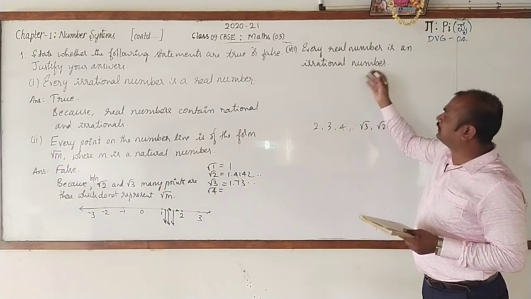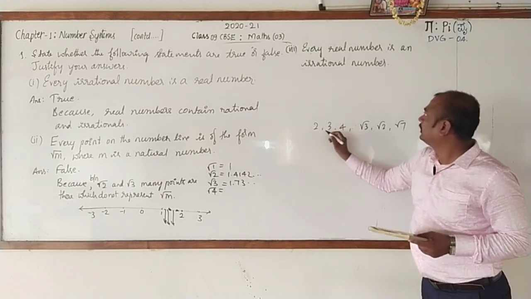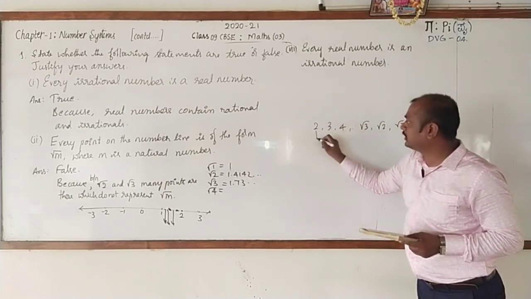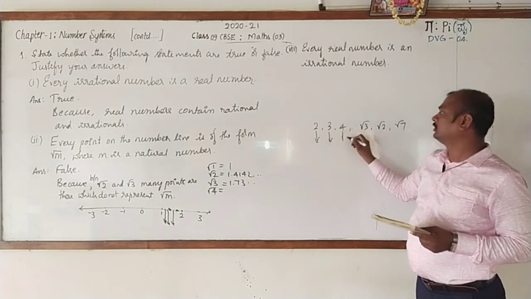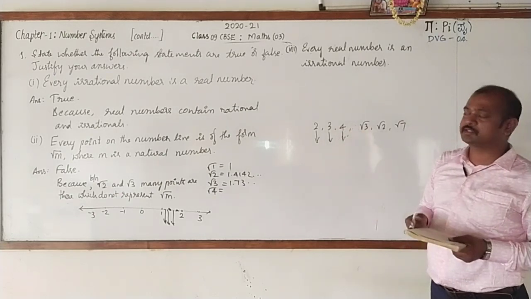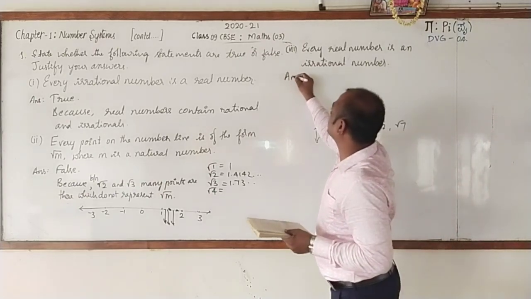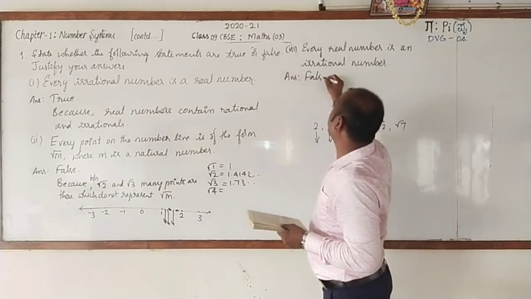Do you call every real number an irrational number? Then do you say root 2 is an irrational? No. Root 3 is an irrational? No. Root 4 is not an irrational. Hence it is false. Answer: false.